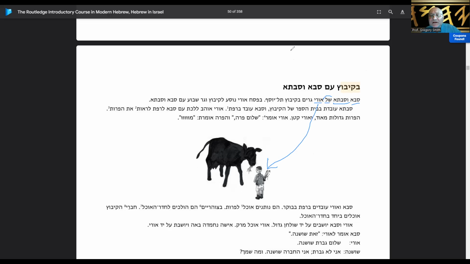Okay, so Sava v'savabta shel Uri garin. So they're dwelling in the kibbutz, in, looks like, Tel Yosef. Tel Yosef.